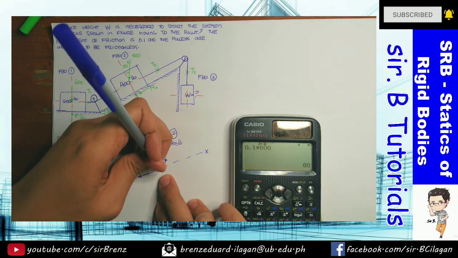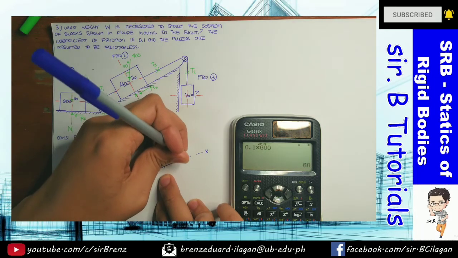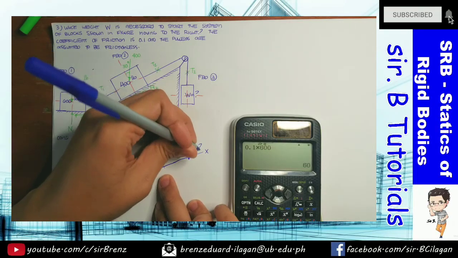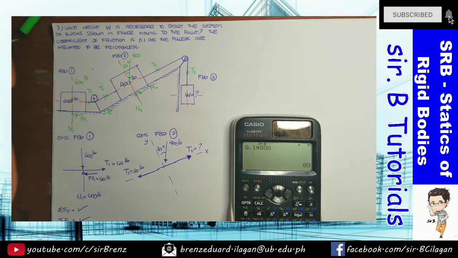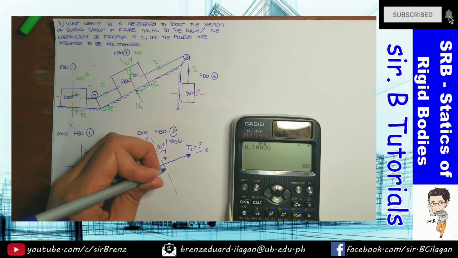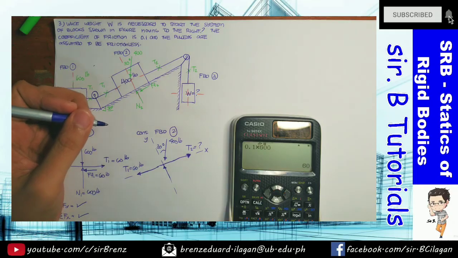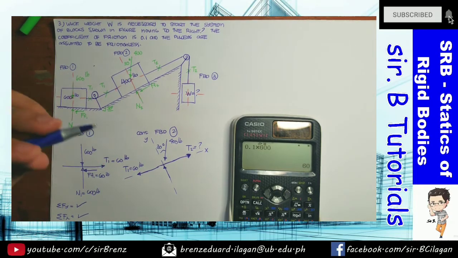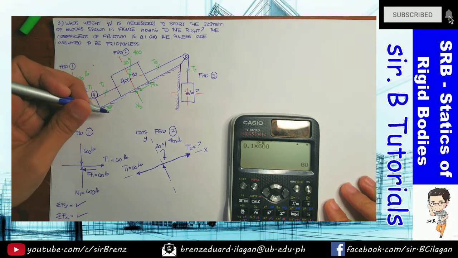So ang unknown dito is yung T2 natin. But since cable yan, always in tension, so that is unknown. And then, aside from that, N2. Ito is pwedeng titig method lang din. Pero tatlong horizontal force yung consider, so gamitin natin ang equation.